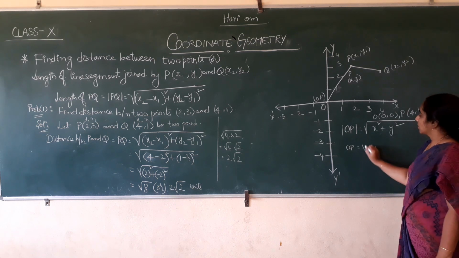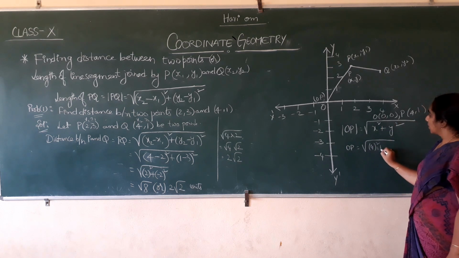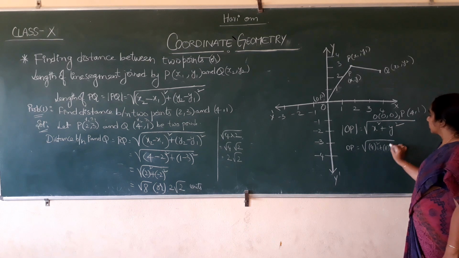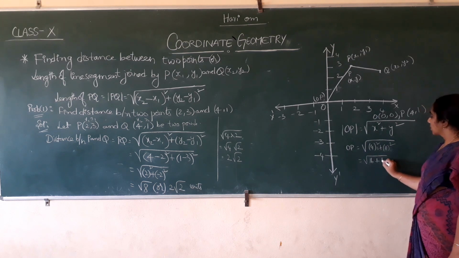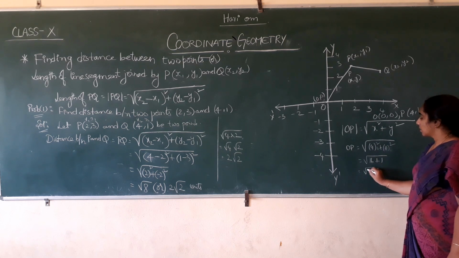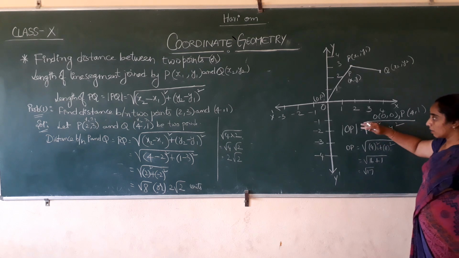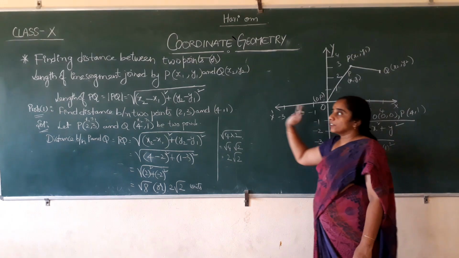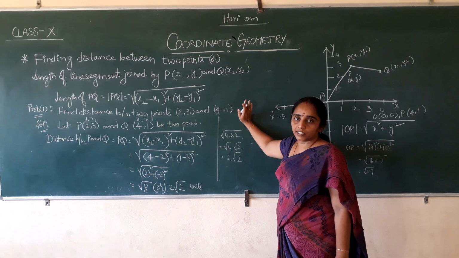Then it is (4 minus 0) whole square plus (1 minus 0) whole square. It is 16 plus 1, root 17 units. So for the origin to any point, and for any 2 points on a plane, we can use this formula.